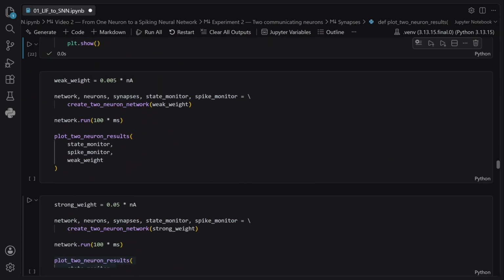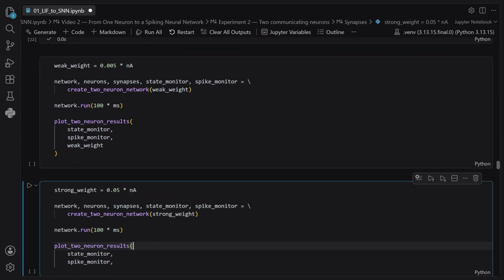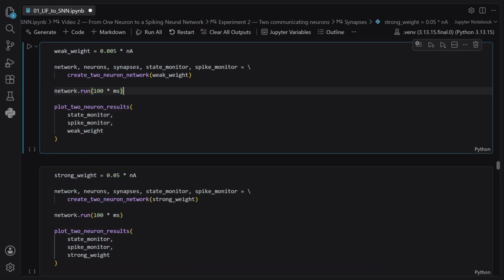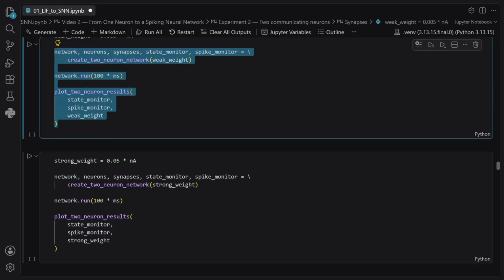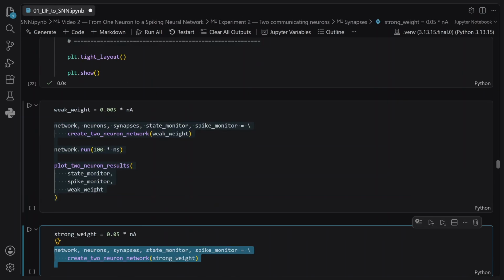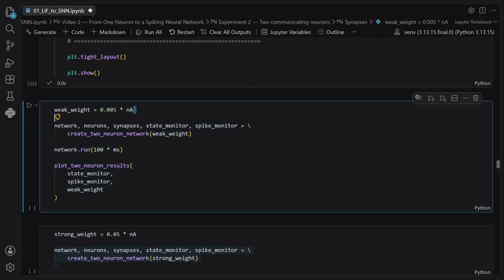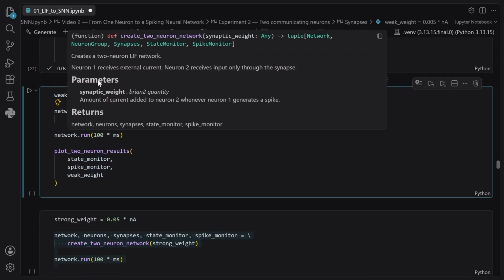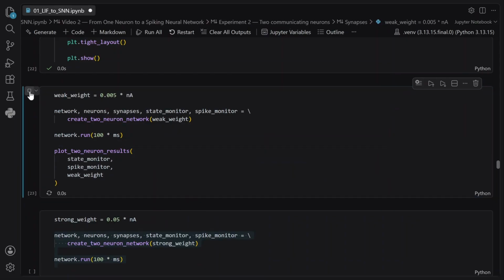So here I have two values here. I think this is same. This portion and this portion, I believe, same. Only thing that is different is the weight, the synaptic weight, right? So this is very weak. Let's see what happens.